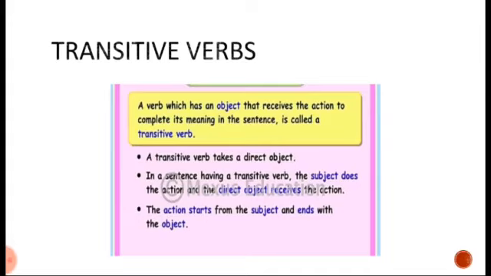A transitive verb takes a direct object. Okay, so if the sentence has a transitive verb, then the subject is doing the action and the object is receiving the action.